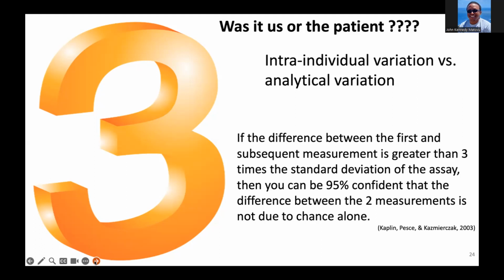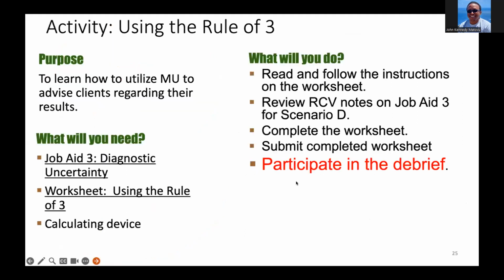So if you have a difference of greater than 3 times the standard deviation, then if you measure that sample again, the difference is not down to chance alone. Something is going on there, right?